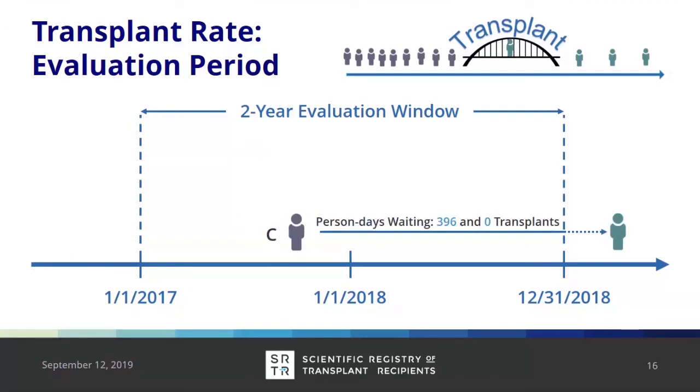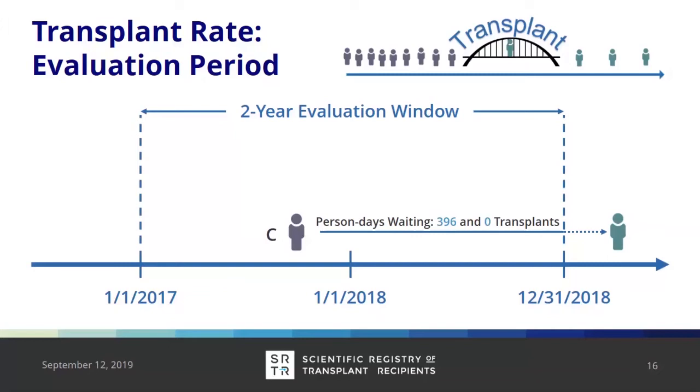So here's person C, who was not listed prior to the start of the window, but indeed was added to the list during the window. So this person was added prior to the start of 2018, and was not transplanted in the window, was actually transplanted afterwards. We knew that a transplant occurred for this patient, represented by the green person on your slide here.